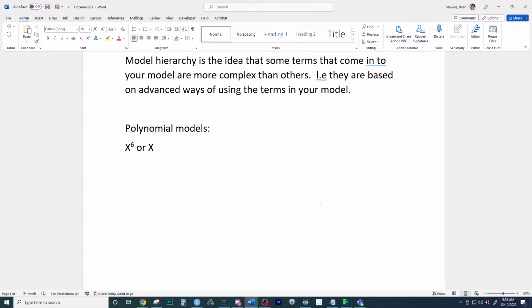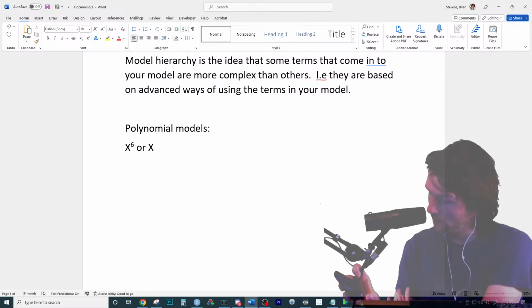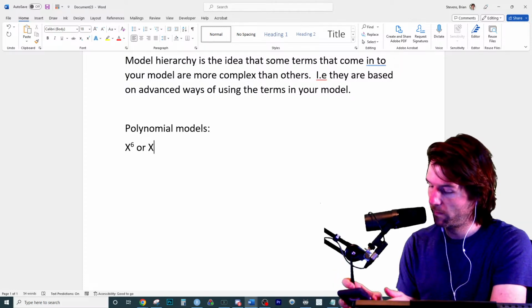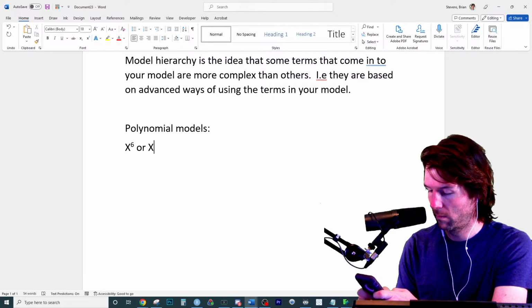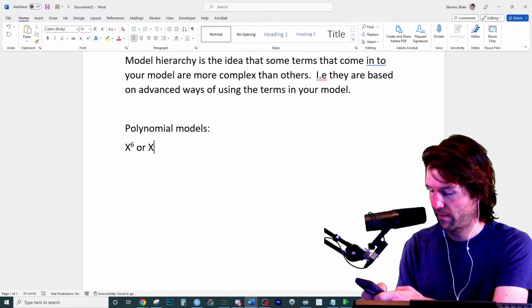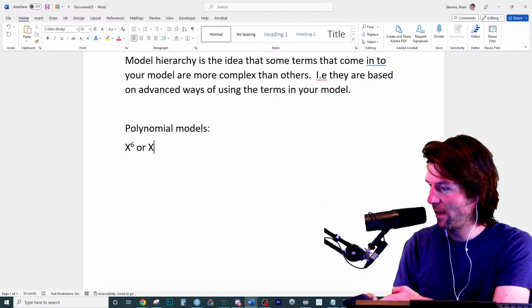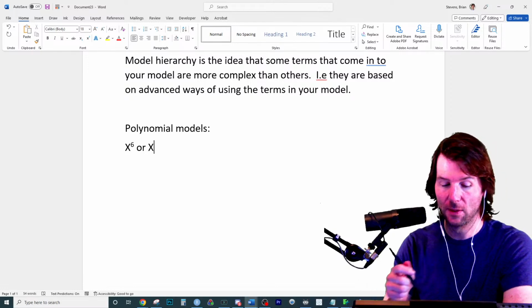Which of those is more complex? X to the 6th power. X to the 6th power is more complex.